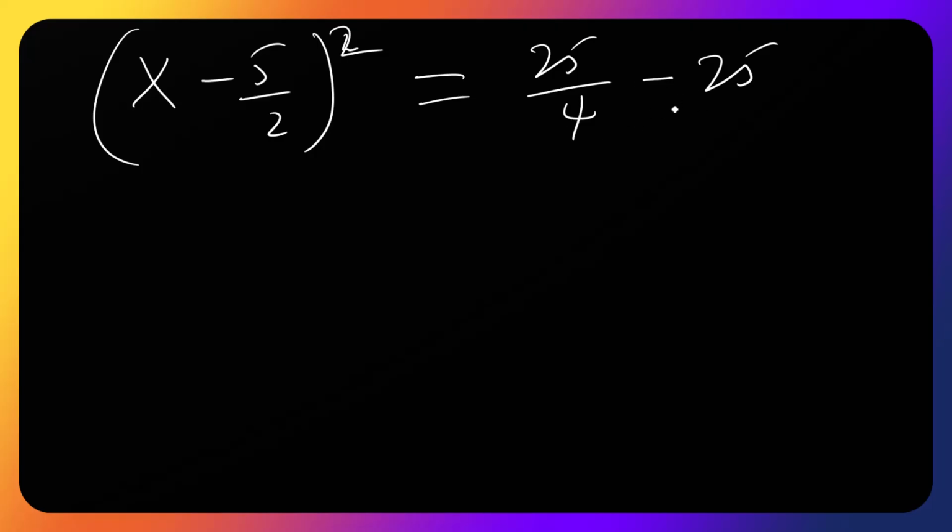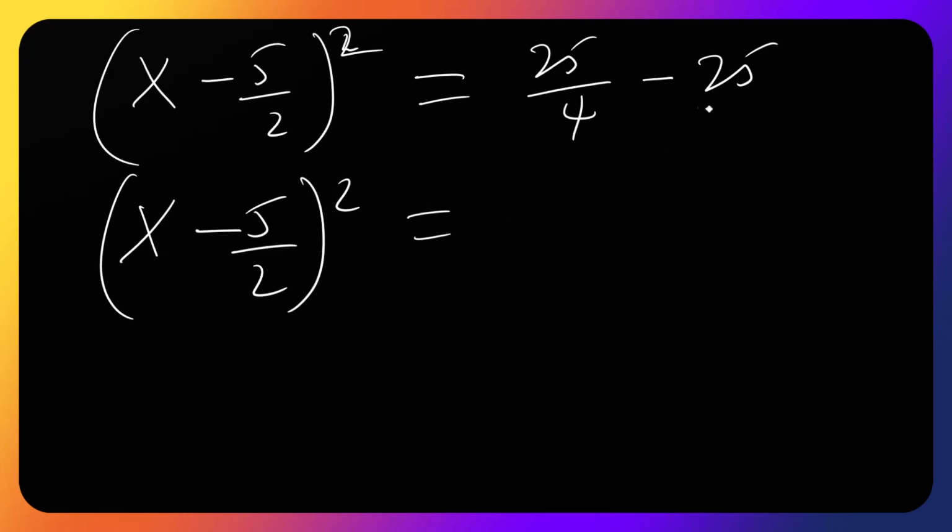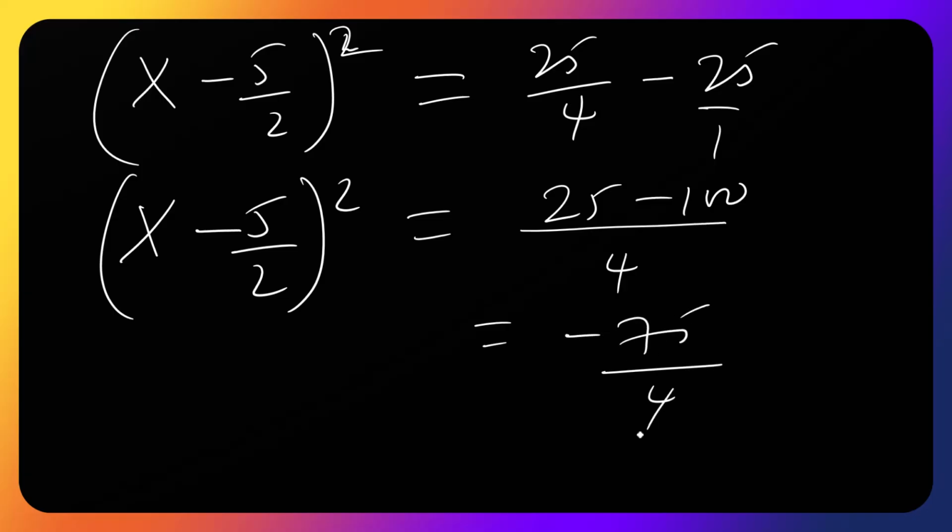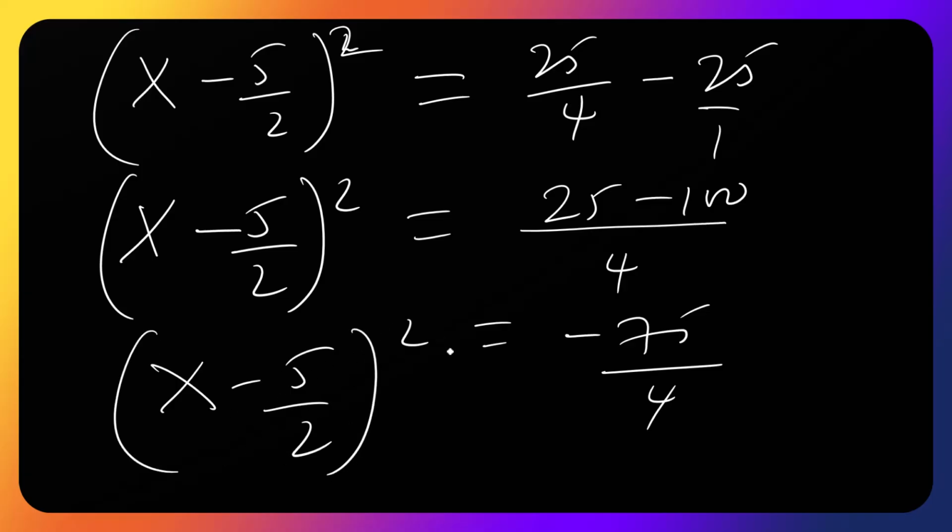I think the first one was like this. So we have x minus 5 on 2, all squared, and that will be over 1. So 25 minus 100, and that will be minus 75 over 4. So we have x minus 5 on 2, all squared, equals minus 75 on 4.